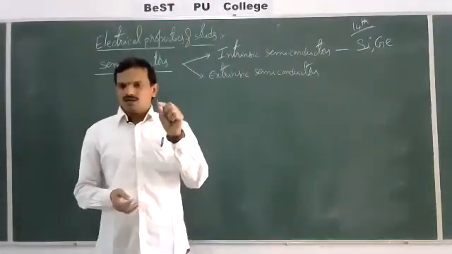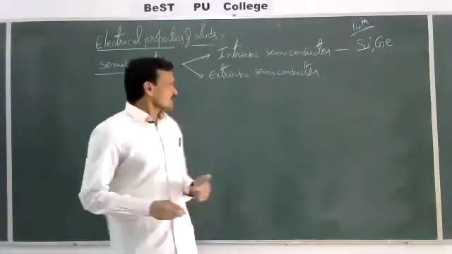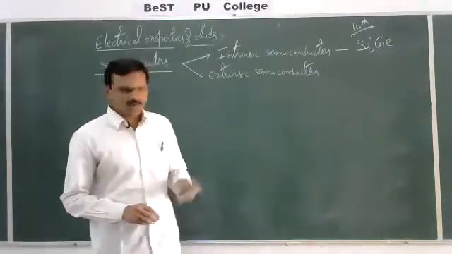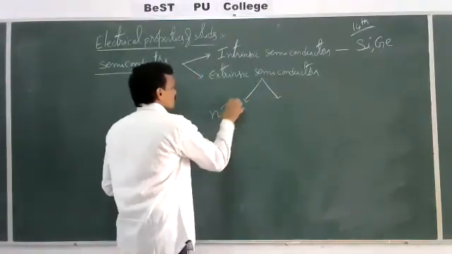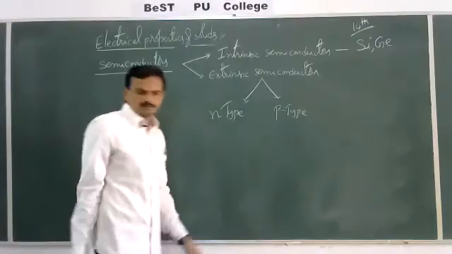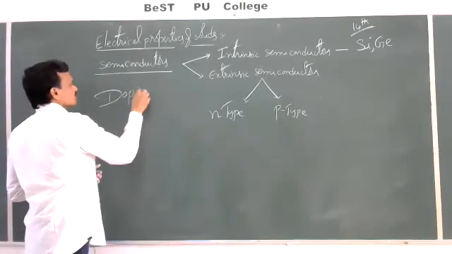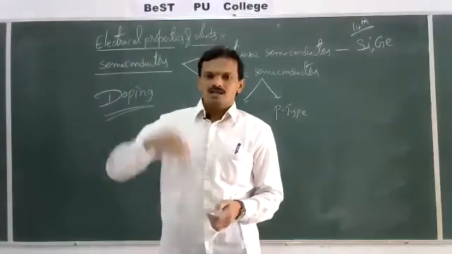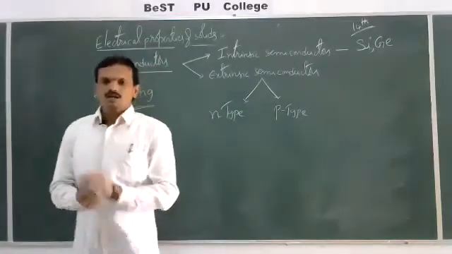If the semiconductivity is due to the introduction of foreign atoms, those semiconductors are called extrinsic semiconductors. Again, these extrinsic semiconductors are further divided into two types, N-type semiconductors and P-type semiconductors. These are obtained by the process called doping. Doping is the process of introducing atoms other than those of the intrinsic semiconductor.